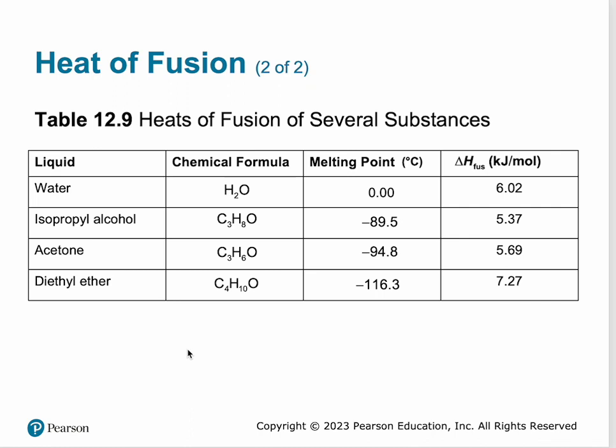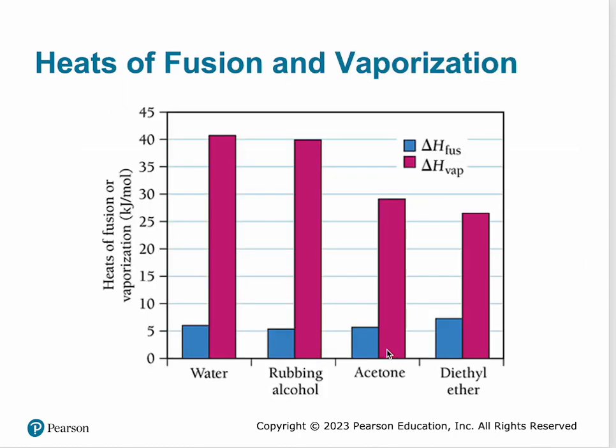Again, this table 9 is telling us about the temperature of the melting point and delta H. We can see for water we need 6.02 kilojoules, a little bit less for isopropyl alcohol, a little bit more for acetone, and a lot more for ethers.